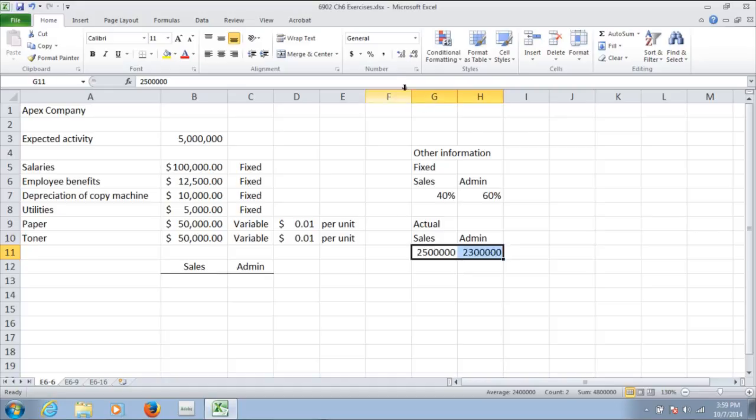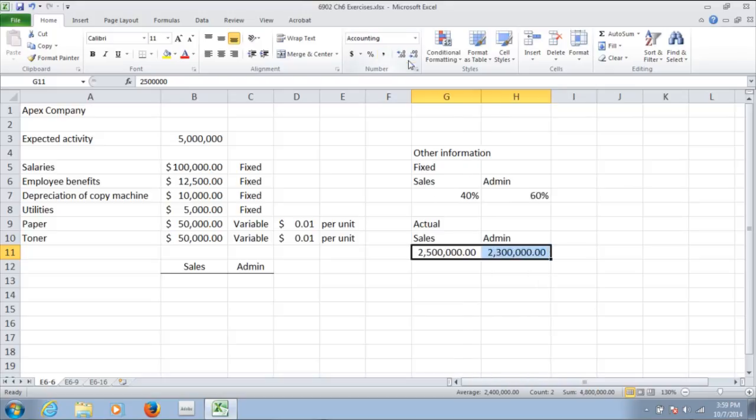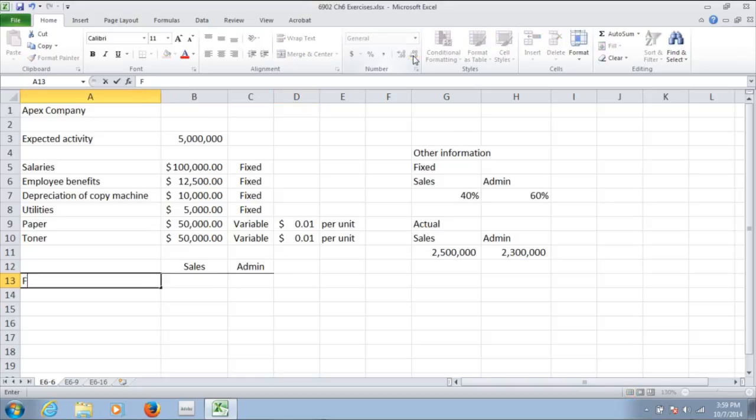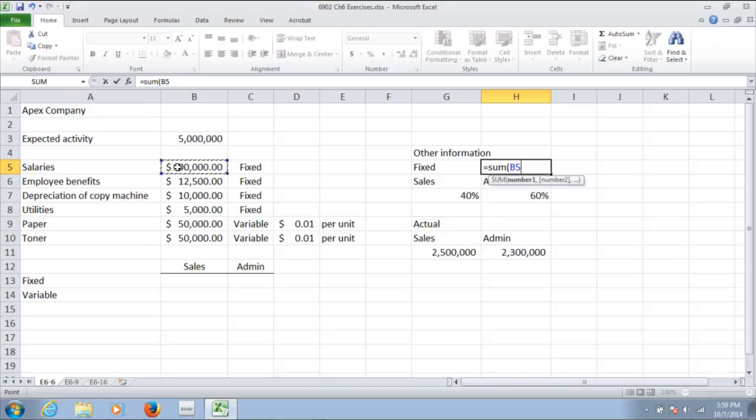And just double check to make sure that these are the appropriate amounts. Yes. So the cost to be allocated then would be fixed and then variable. So for the sales department, the fixed amount will be 40% of the total fixed. To find the total fixed, we sum our fixed cost here.